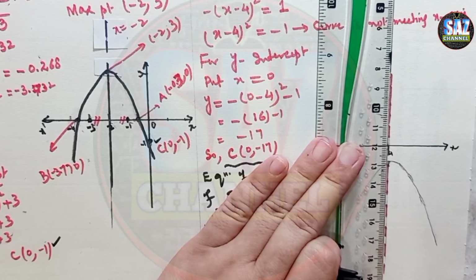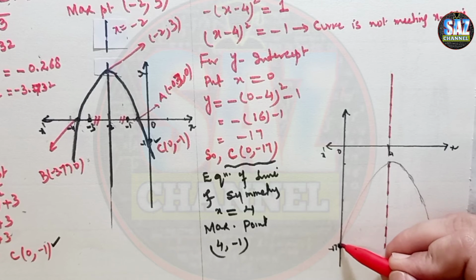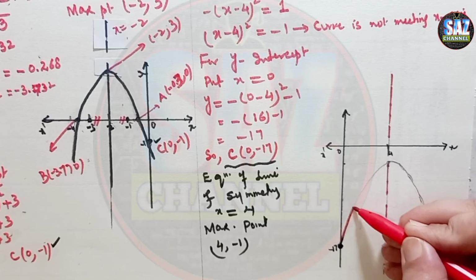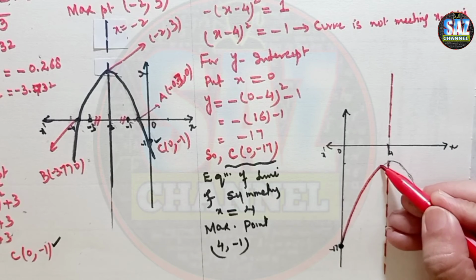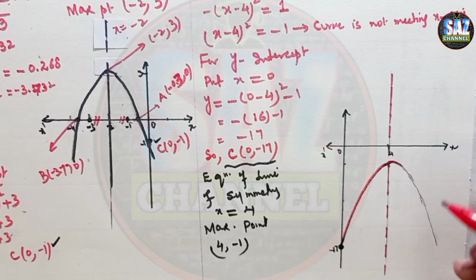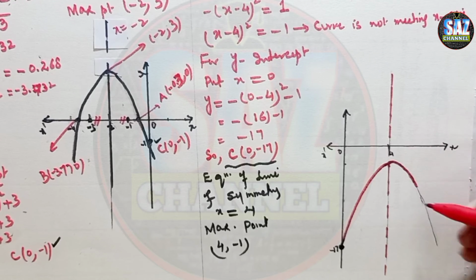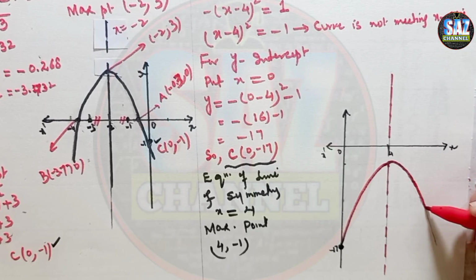And why is this downward? Because the coefficient of the square term is negative. And now let me make it bold and perfect so that my students can observe this curve clearly, and let me go smoothly with the pen as well, because it's giving a really good shape.